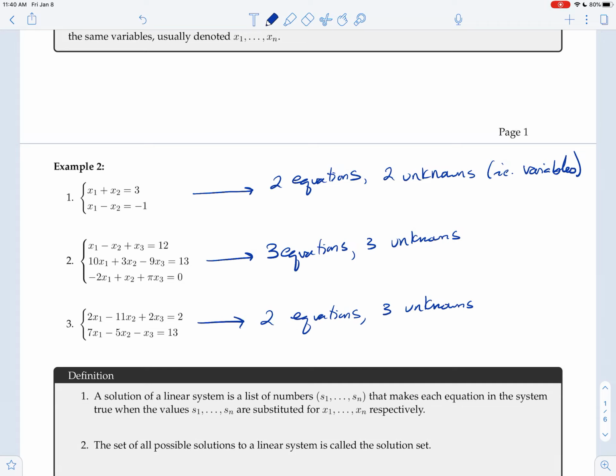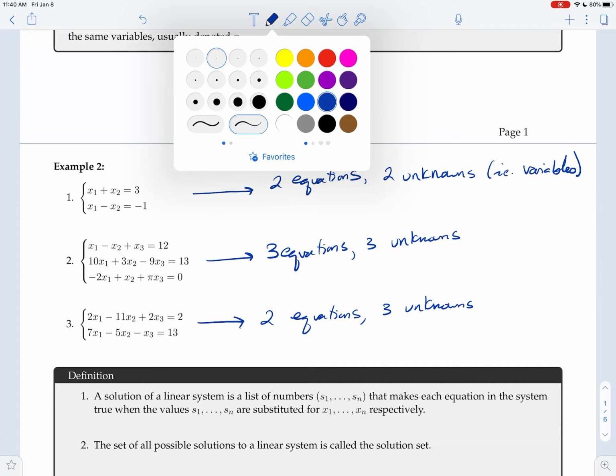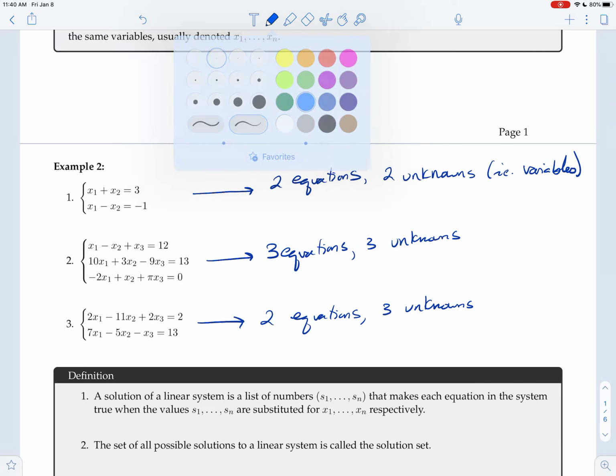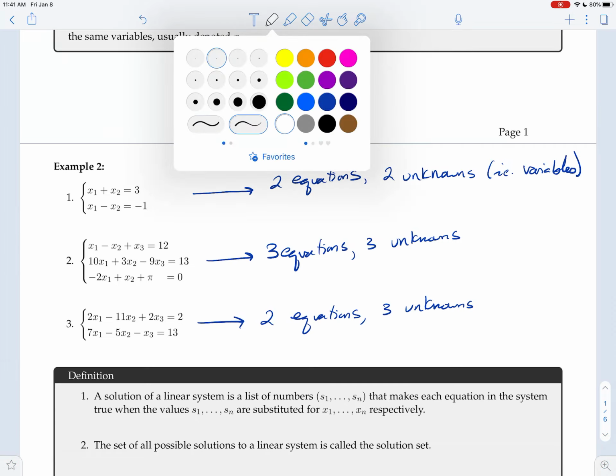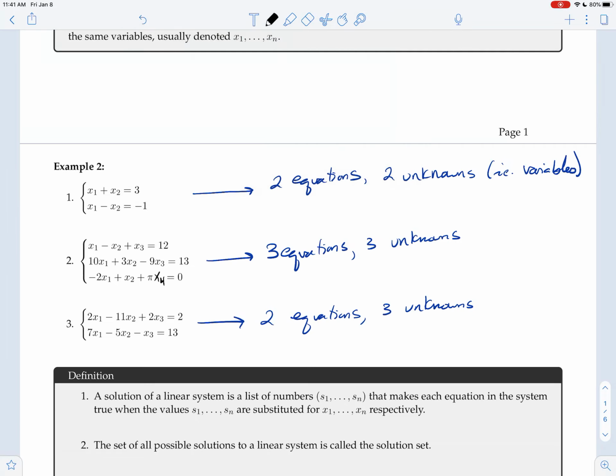Now, I have just a quick question for you to think about before we go on. My question is, what if I was to take this x3, and let's actually use white, what if I was to take this x3 for a minute, and I'm going to make it x to the 4th now. Is this a viable linear system?